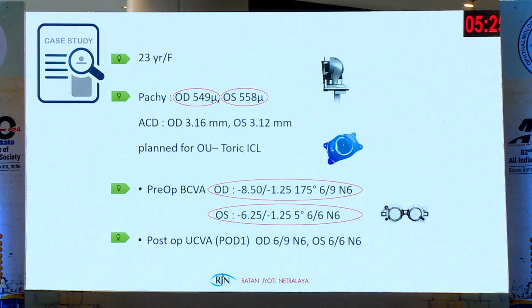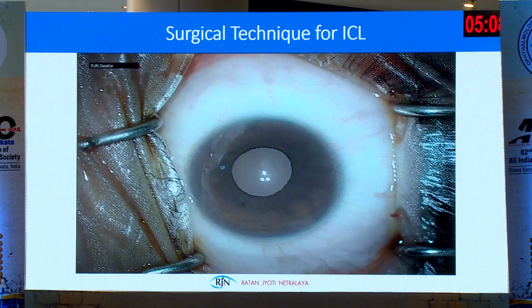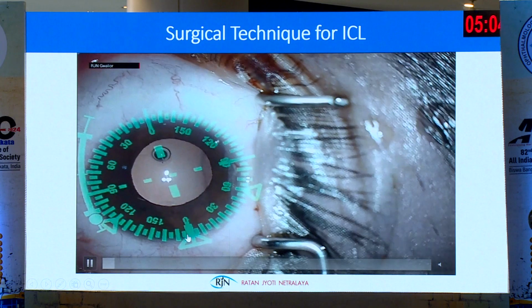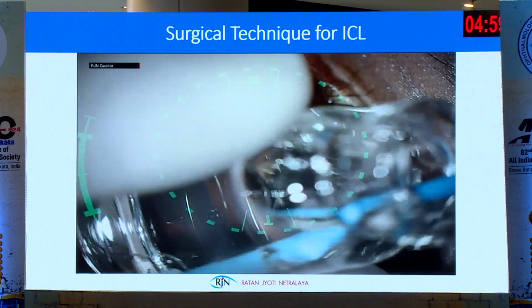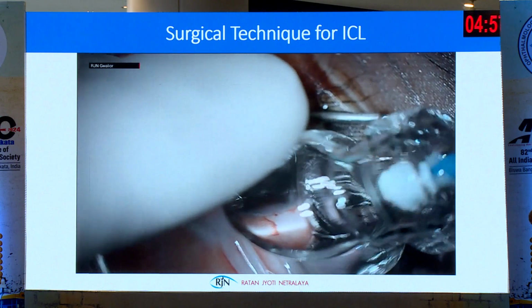So PRK can possibly be done in this patient, but we prefer doing the toric ICL, and the patient had on post-operative day 1 a vision of 6/9 and uncorrected vision of 6/6.